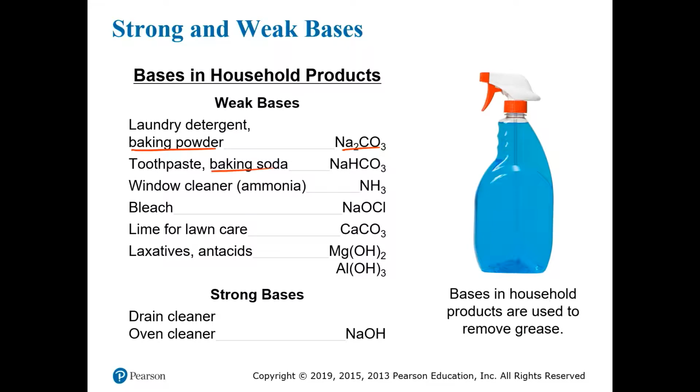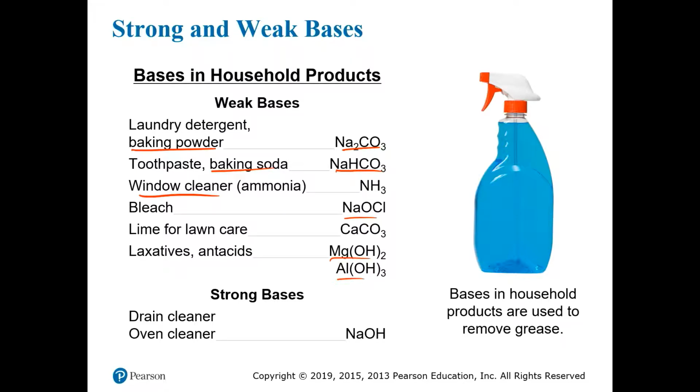Baking soda, which is often found in toothpaste, is a related salt called sodium bicarbonate. Ammonia is often the major component in window cleaner. Bleach is formed from sodium hypochlorite. Lime for your lawn is calcium carbonate, and laxatives or antacids are typically low-soluble hydroxides.